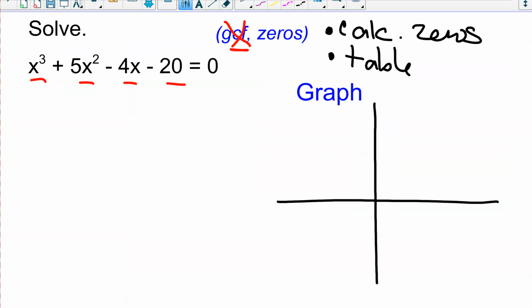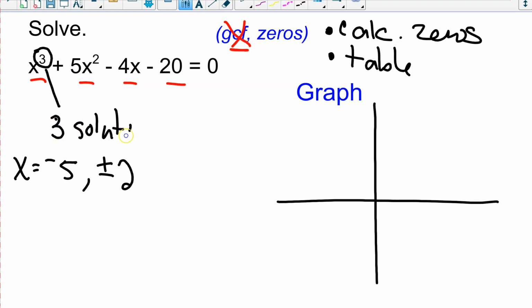Okay, so now that I have that graph, I saw that the x was equal to -5 and plus or minus 2. And this is a cubed equation, so I'm looking for 3 solutions. So make sure they're all accounted for here.